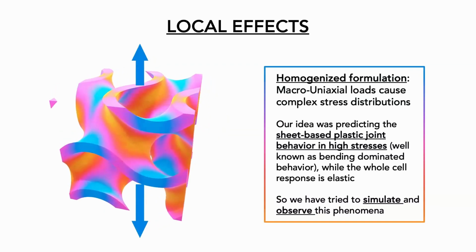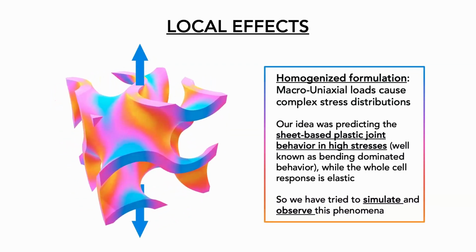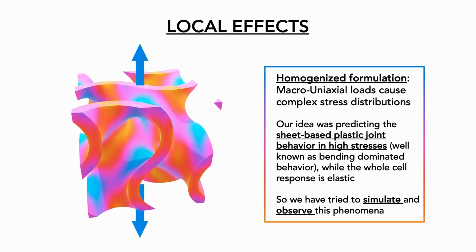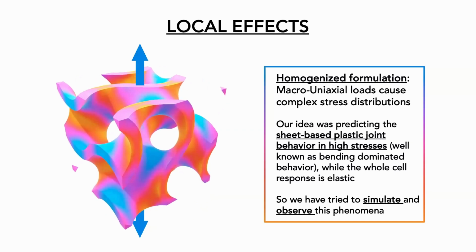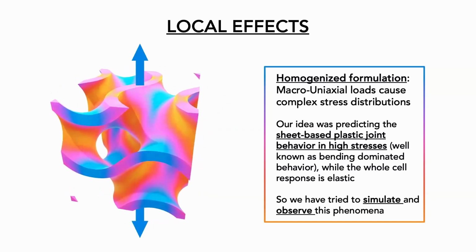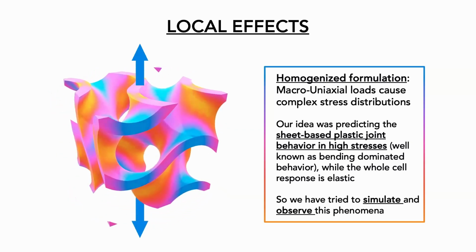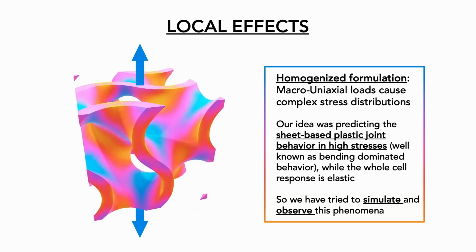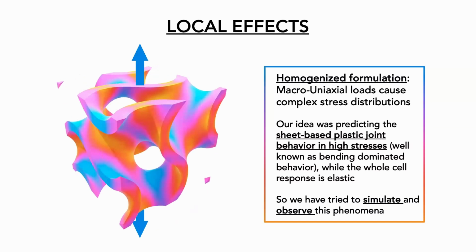As you can see, the big picture about metamaterials is considering all this mess as a sort of material, but for a uniaxial loading, you can see a very different stress concentration and distribution, everything.